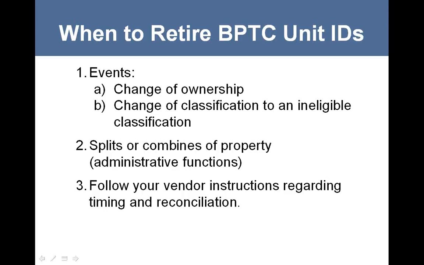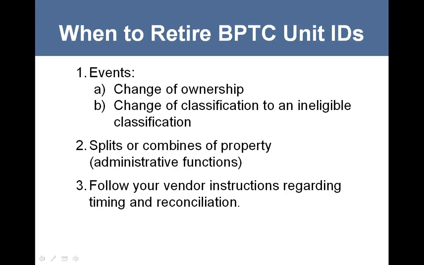There are some events that are going to cause us to want to retire a unit ID. One is changes in ownership, which are pretty easy because you can look at the auditor's transfer list and you can see there's a change in ownership. That's automatically going to cancel the standing application, and it's up to the owner to reapply.